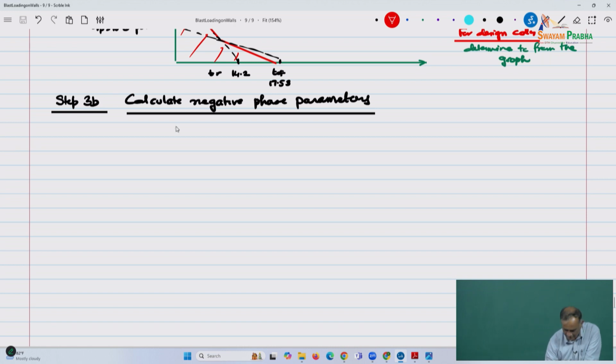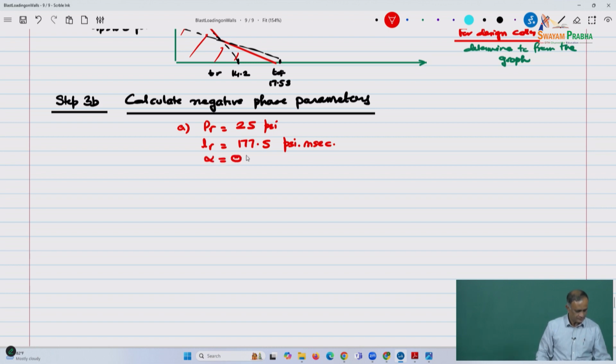So for the negative phase parameters, what you need is PR of 25 psi and IR of 177.5 psi millisecond, and alpha is equal to 0. Now here, for the negative phase, it's a little interesting.